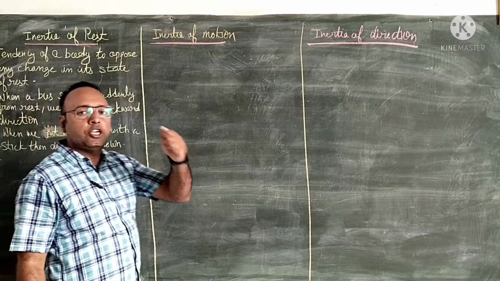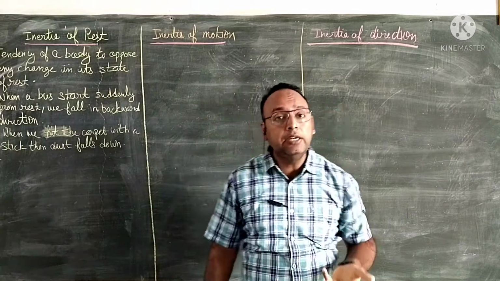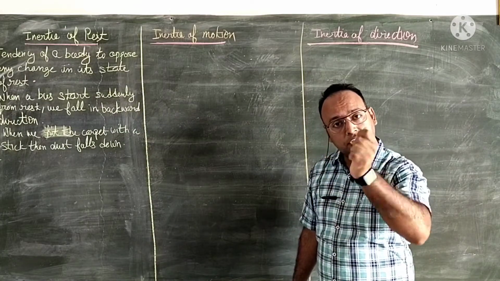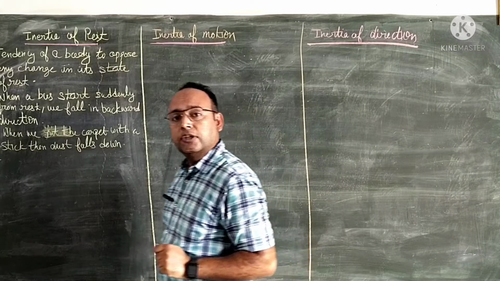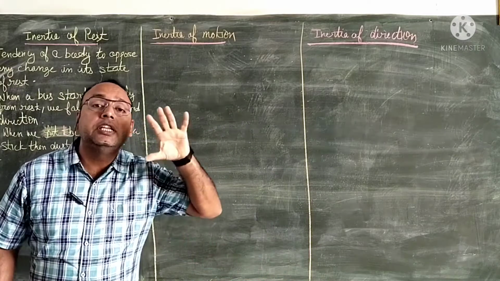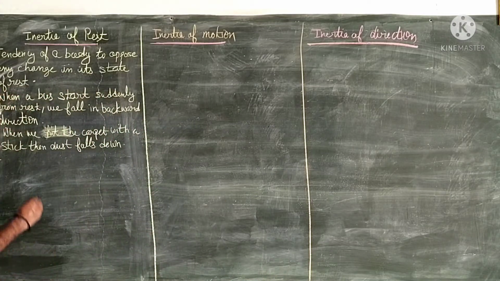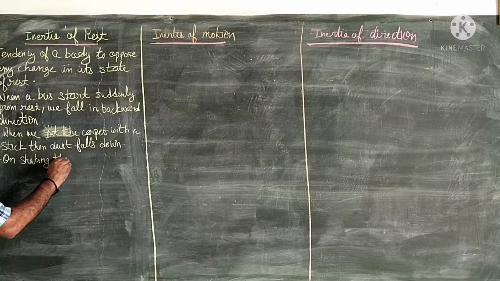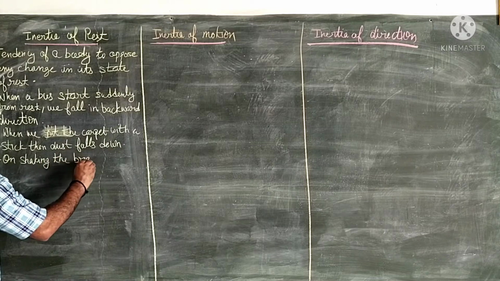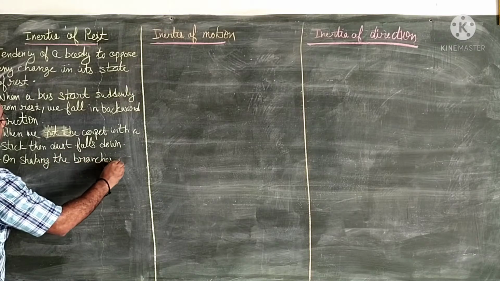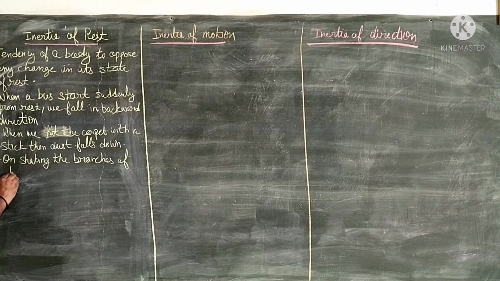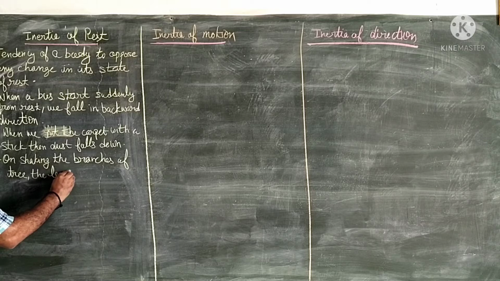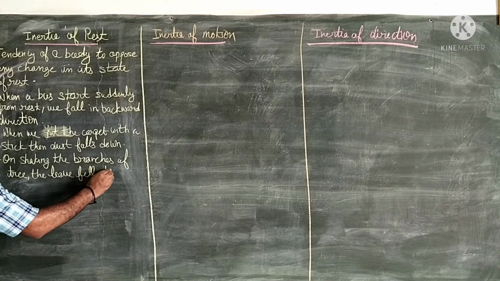In the same way, when we shake the branches of a tree, the leaves fall down. Why? Because on shaking, the branch comes into motion, but due to inertia of rest, the leaves try to remain at rest and they fall down. On shaking the branches of a tree, the leaves fall down.